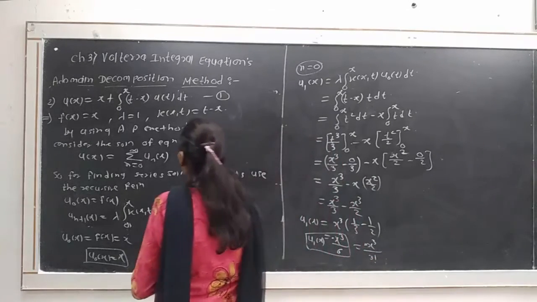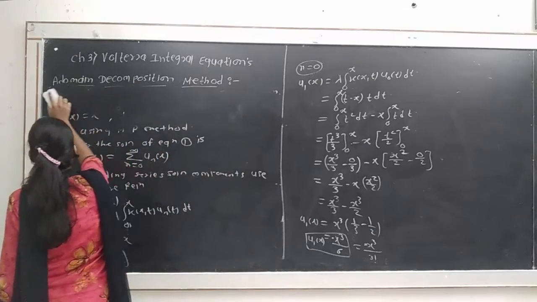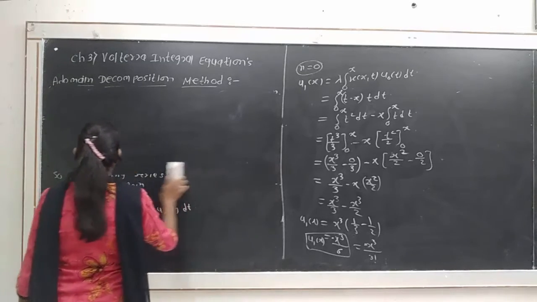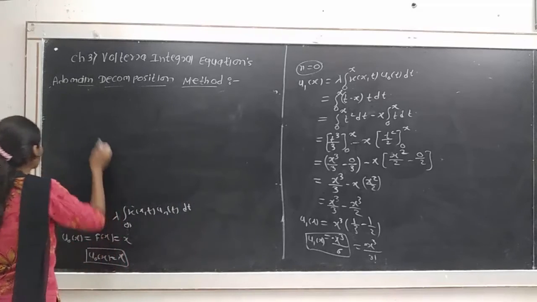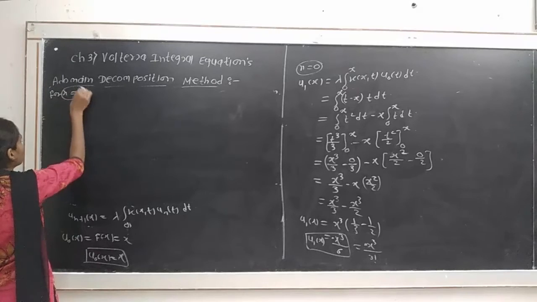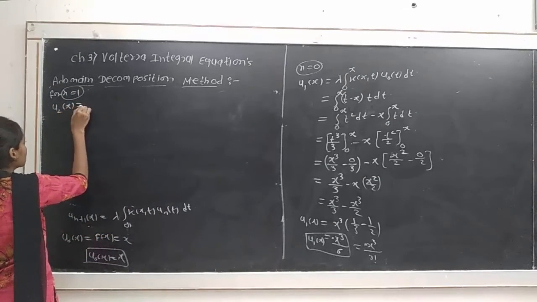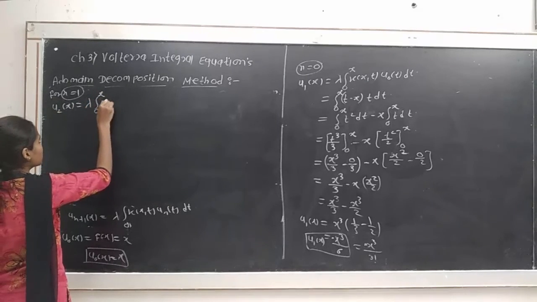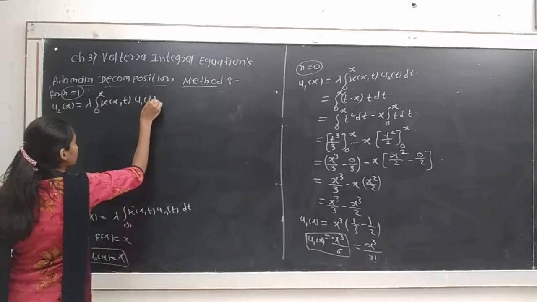Then using the value of u1 of x, we find the next component of the series solution, that is u2 of x, using this recursive relation. For n equal to 1, we get u2 of x is equal to lambda integration from 0 to x of K of x,t into u1 of t dt.